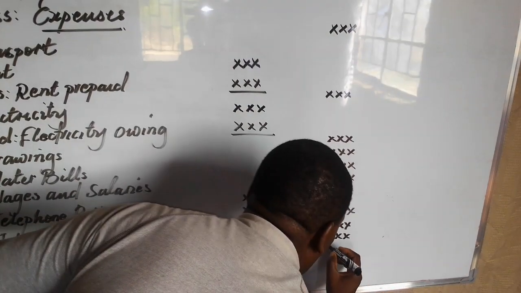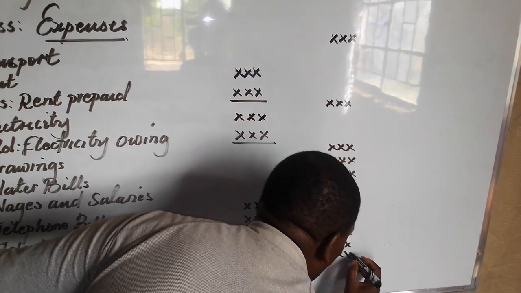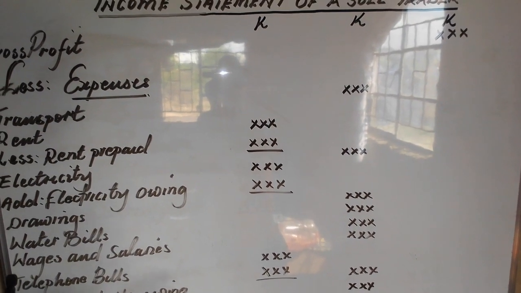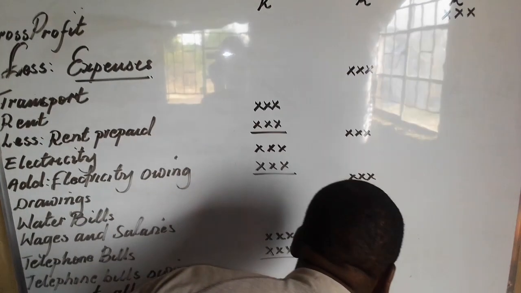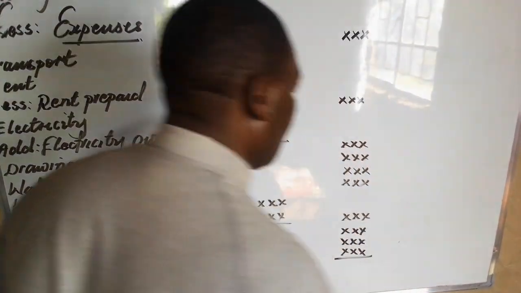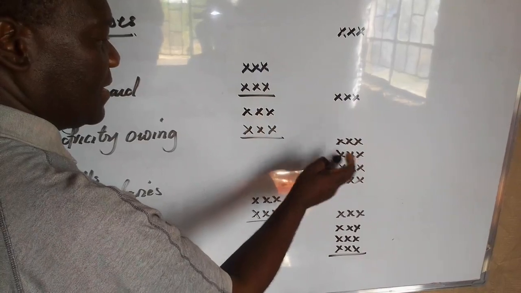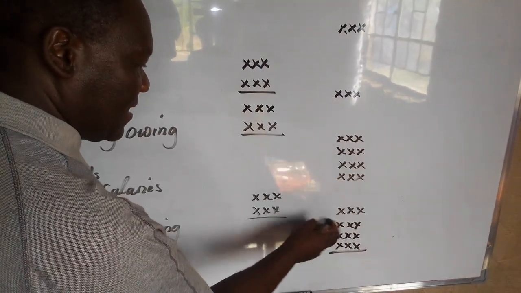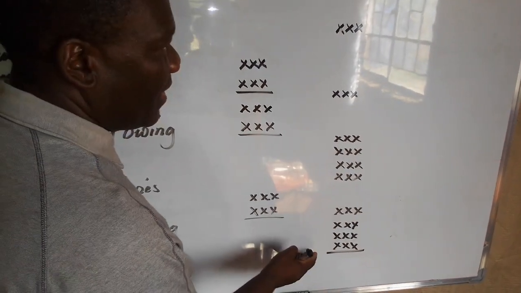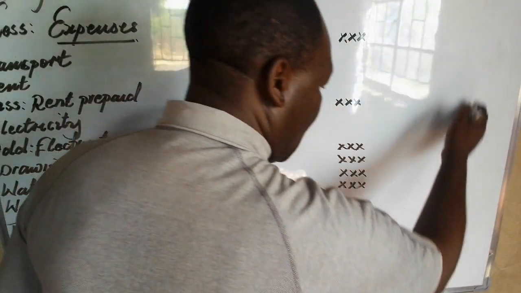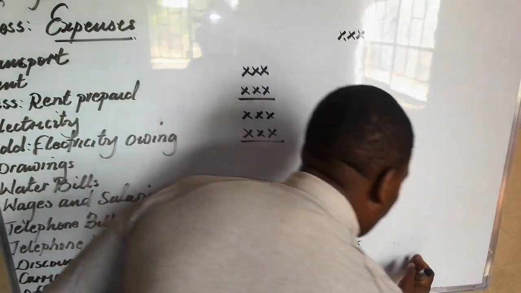The figure comes there. So these are the expenses that we have. What you are going to do is add them. We add this plus this plus this and so on, and the total that you get comes at the far end here.